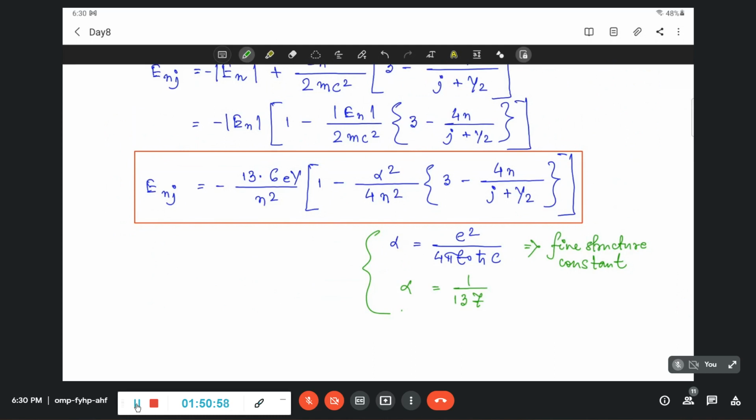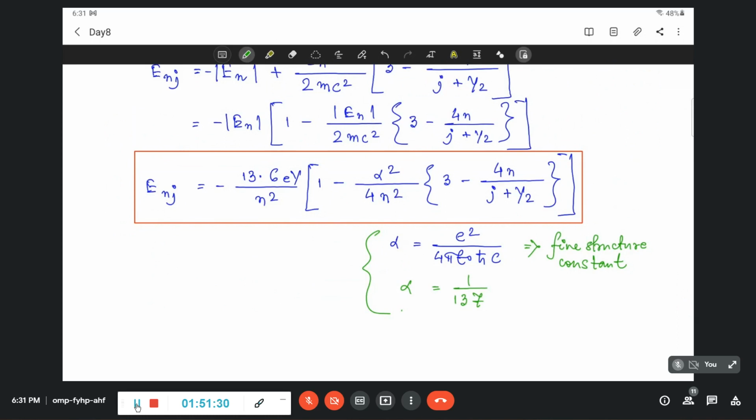Hydrogen does not know whether you are calculating in the unperturbed state or using all the necessary ingredients; it will have its own spectra. If you only do the unperturbed calculation, you cannot match all the data properly. The more you add these corrections, the better you explain the data. That's why these corrections are important.